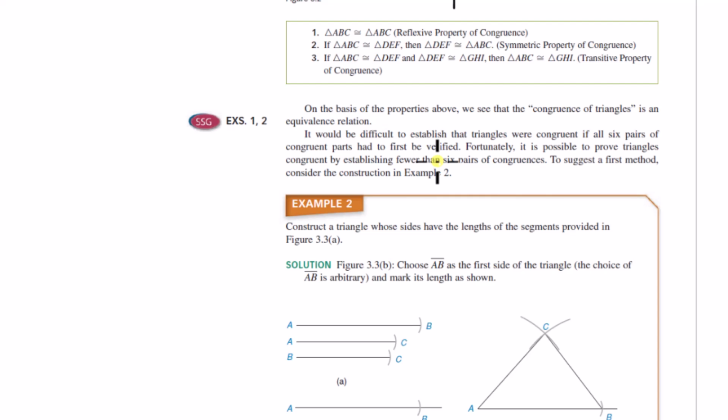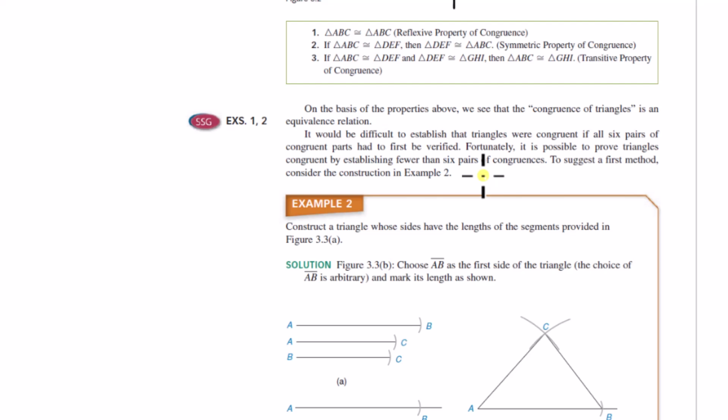So there would be 6 total pairs, 3 sides and 3 angles, and verify that each one of them is congruent, or their measures are the same. Well, fortunately, we're not going to have to do that. It says, fortunately, it's possible to prove triangles congruent by establishing fewer than 6 pairs of congruences. So what they're saying is if we can just verify a portion of those 6 pairs of congruences, then that's going to be enough to verify congruence of the triangles in general.